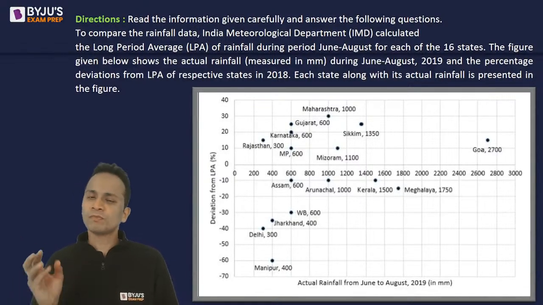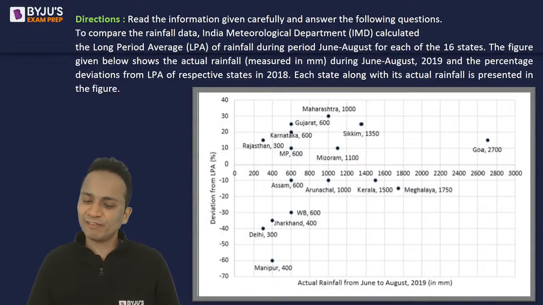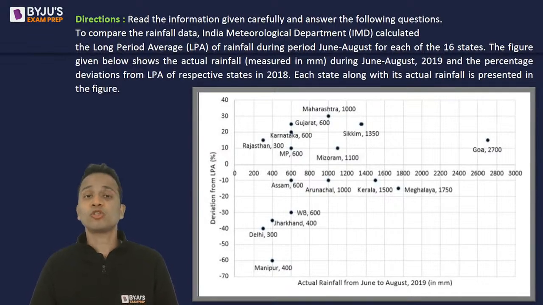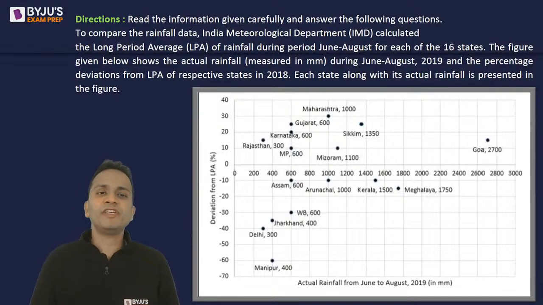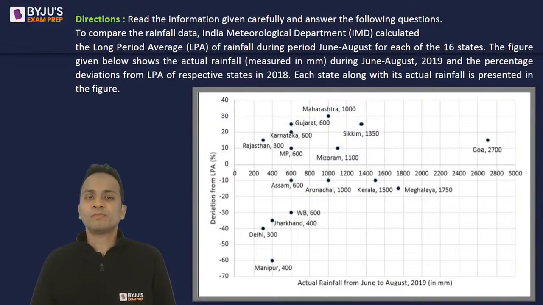I'll believe that the data is given for 16 states. The figure given below shows the actual rainfall measured during June to August 2019 and the percentage deviations from LPA of the respective states in 2018. Each state along with its actual rainfall is presented in the figure.